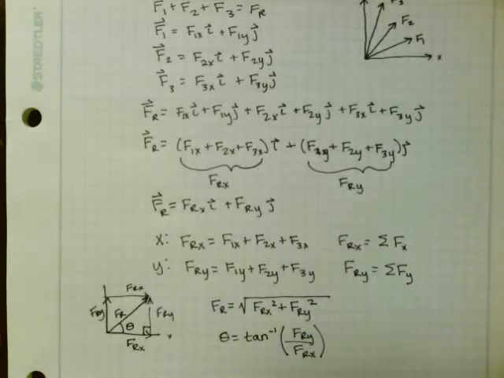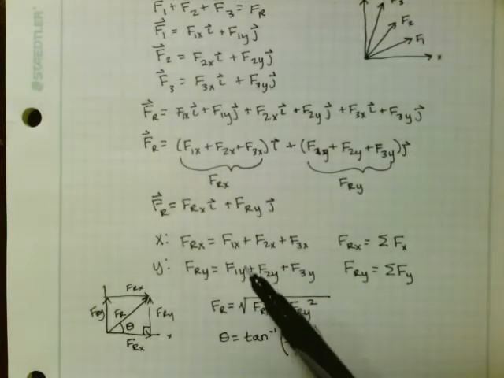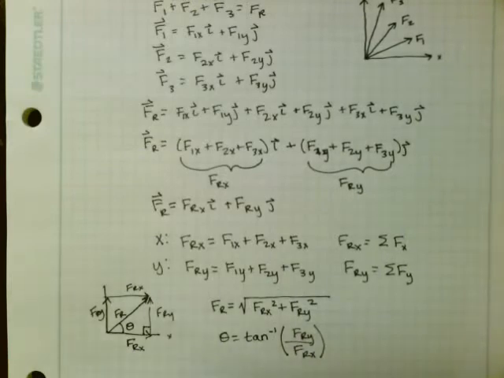So what this ends up being is a simple way to resolve all your components of your vectors and add them together. Once you get the x component and the y component of your resultant vector, then you can use the Pythagorean theorem and your tangent to come up with the magnitude and direction of your resultant force.